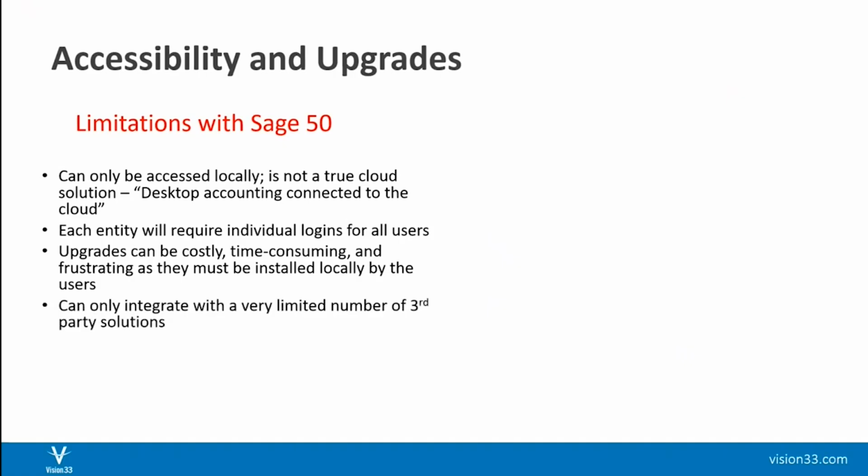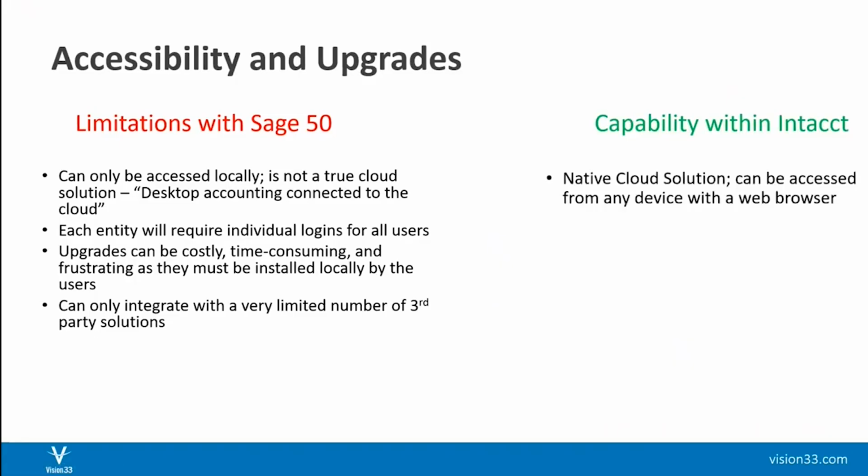Sage 50 only integrates with a very limited number of third-party solutions, forcing you to do many manual journal entries at month end. Again, Sage Intacct can solve all of these issues. Since it is a native cloud solution, it can be accessed anywhere from any device with a web browser as long as you have your login credentials.